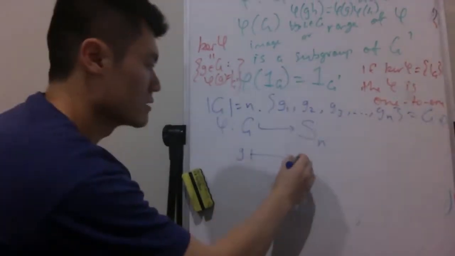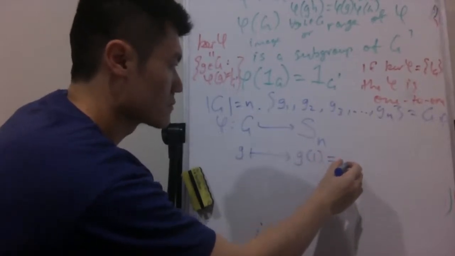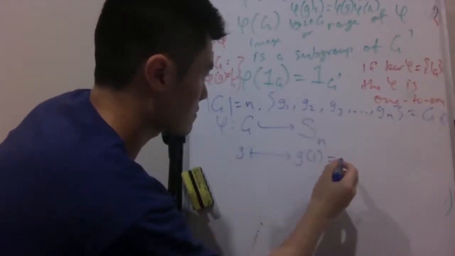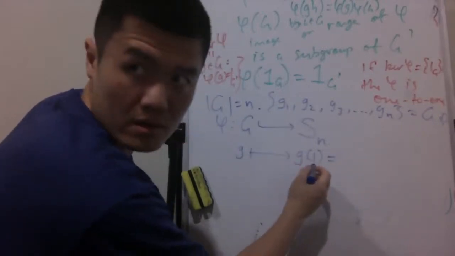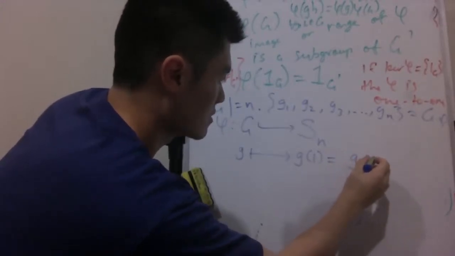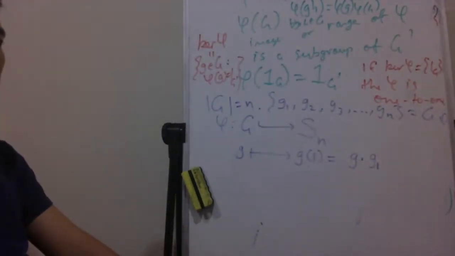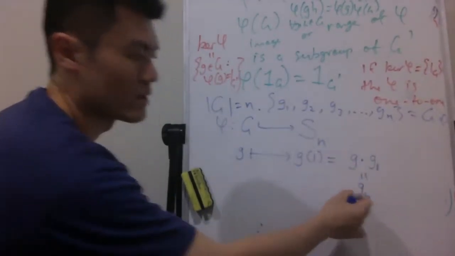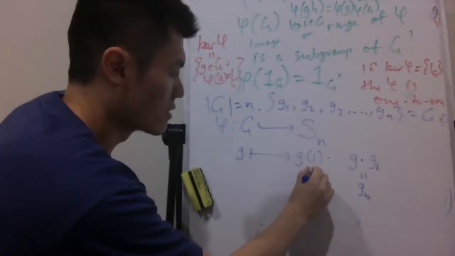It goes to the function that sends g1 to something to do with g times g1. See, g times g1 is equal to gk for some other k, yeah? Does that make sense? So then we're saying that phi of g sends 1 to k.